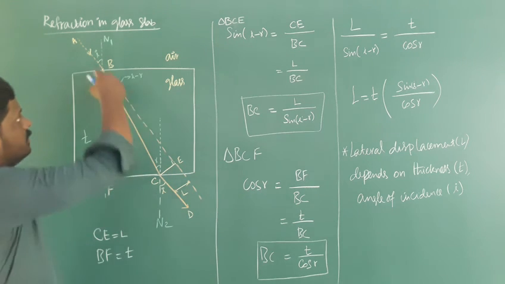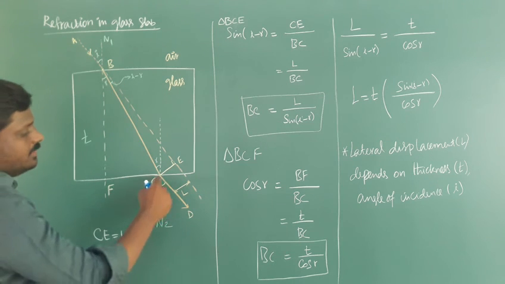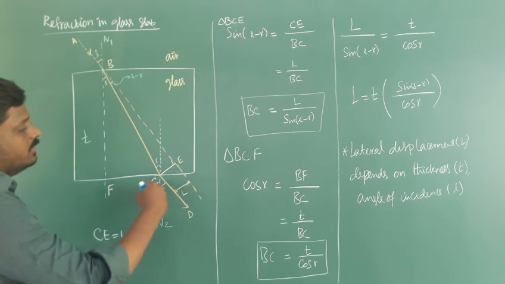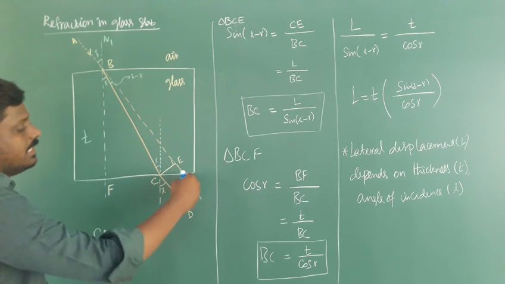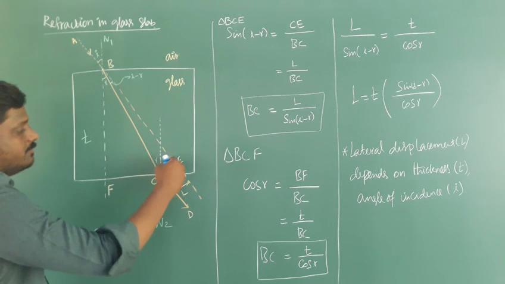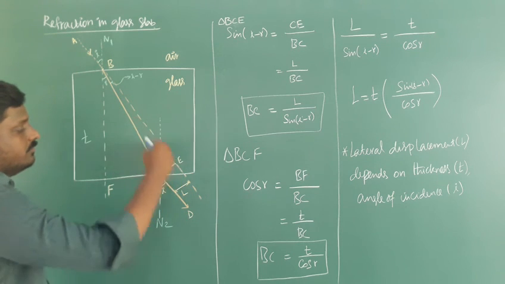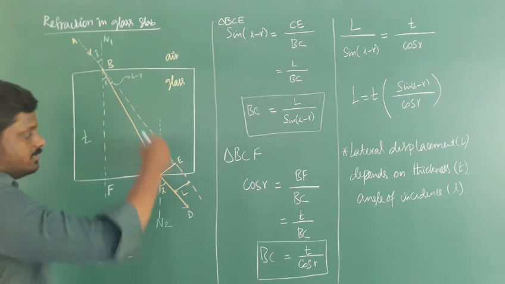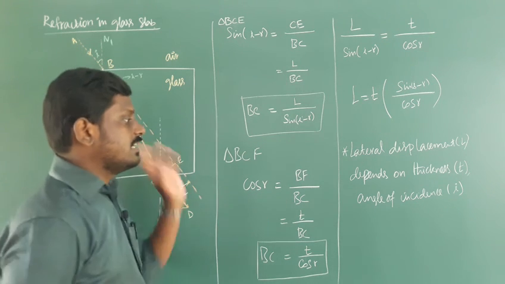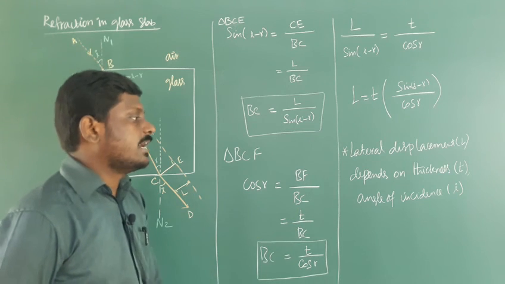The direction of the incident ray and the refracted ray is the same but the path is different. So there is a lateral displacement from E to C, which is the perpendicular drawn to the undeviated path. The lateral displacement depends upon the thickness of the glass slab and the angle of incidence.